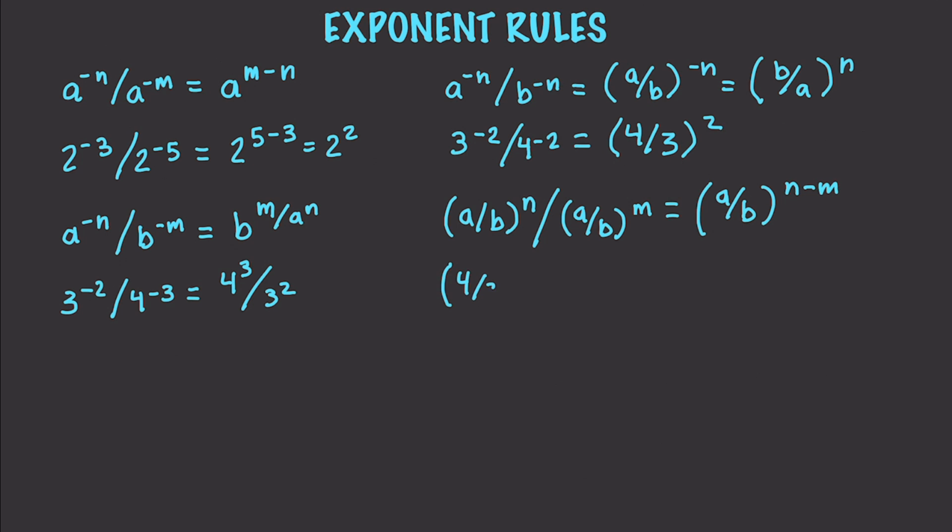Example, 4 thirds to the third divided by 4 thirds squared is equal to just the 4 thirds and 3 minus 2, which of course equals 4 thirds.